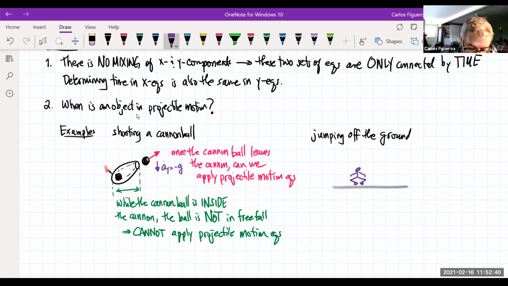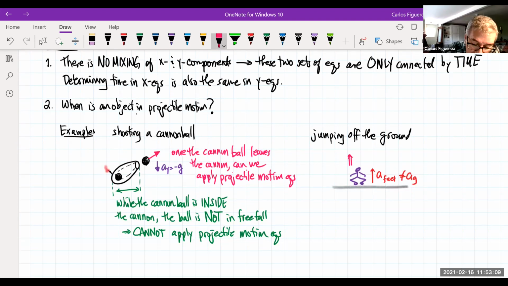So in this situation, you are accelerating yourself with your feet as you push off the ground. But note, this is not the acceleration due to gravity. It is true that you are moving upwards with some acceleration due to your feet, right? You're moving in the upward direction here.